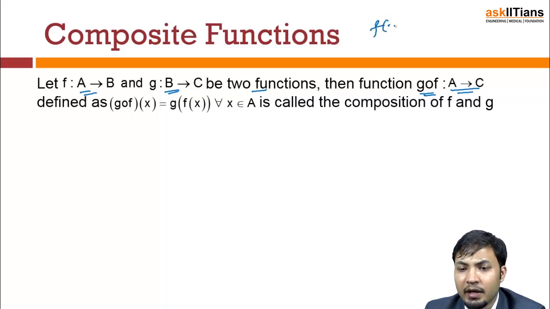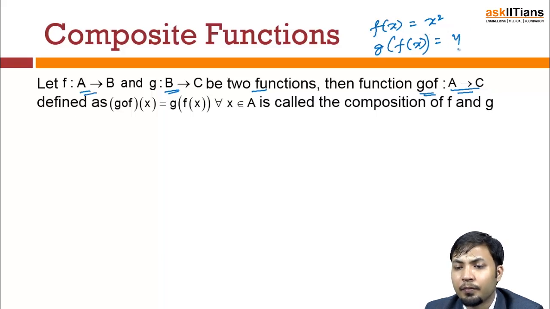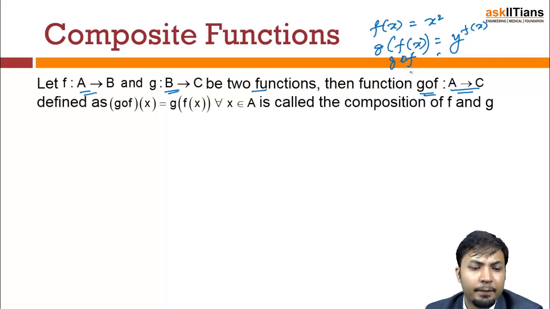If I write g of f of x, it will be something like this, and it can be defined as g of f of x for all x belonging to A.